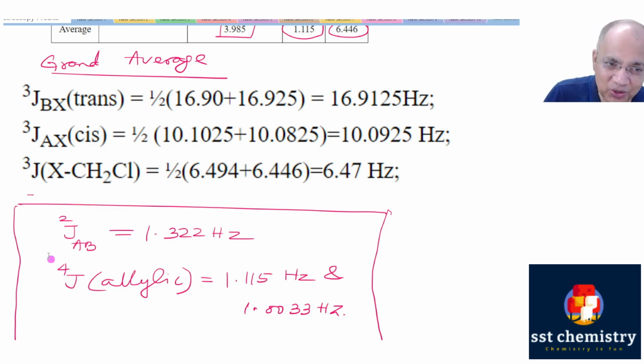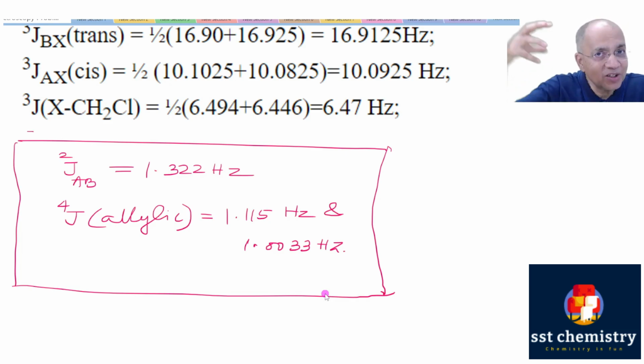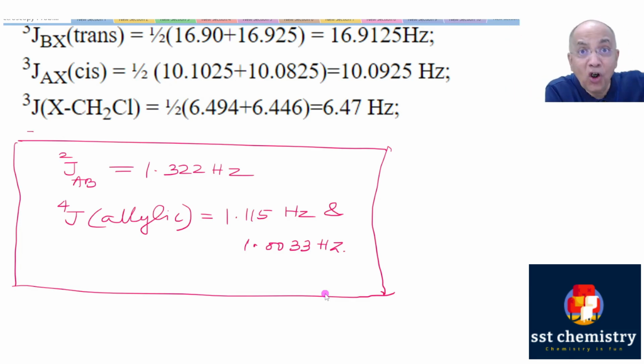One could be for J2, geminal coupling, the highest value, and the two allylic can be 2. Of course, in allyl chloride that might be 1, but since chlorine is a bulky group, there might be restriction in the rotation. So for the alkenic protons HA and HB, there might be two different coupling constants, cis and trans. So one of them for the cis, the other one for the trans, but we could have averaged them also to show that all these three are equal.